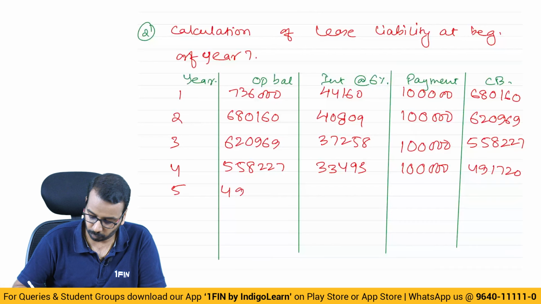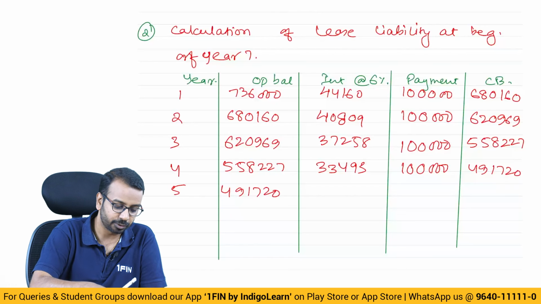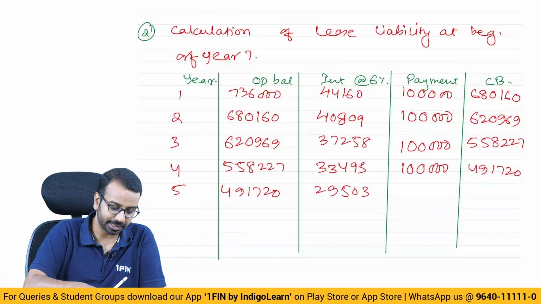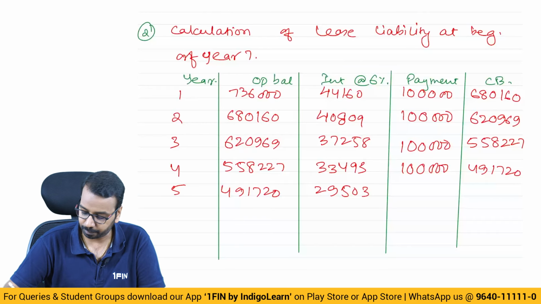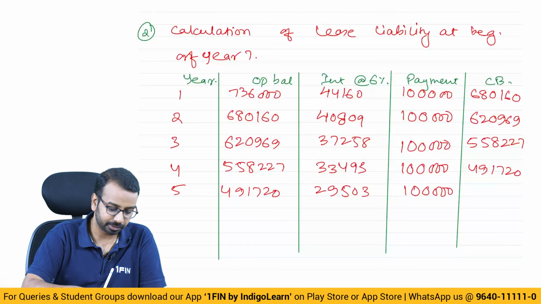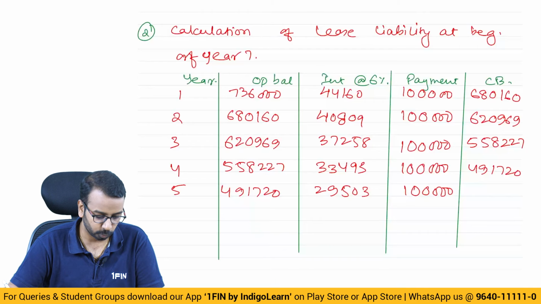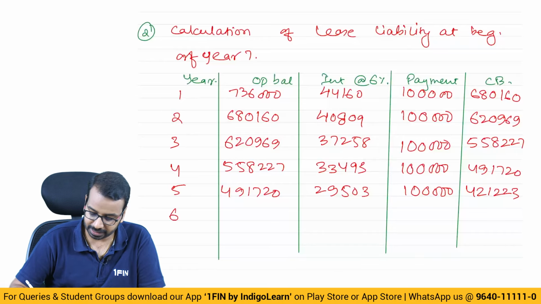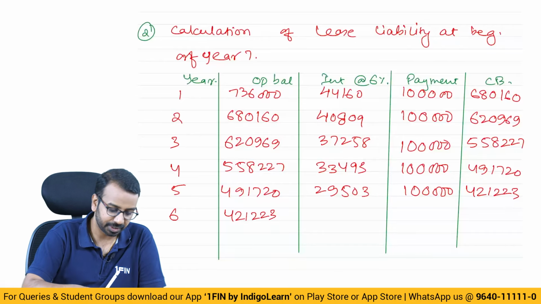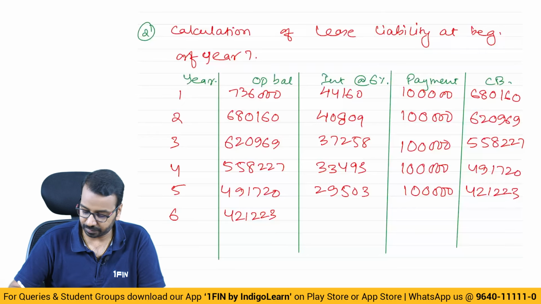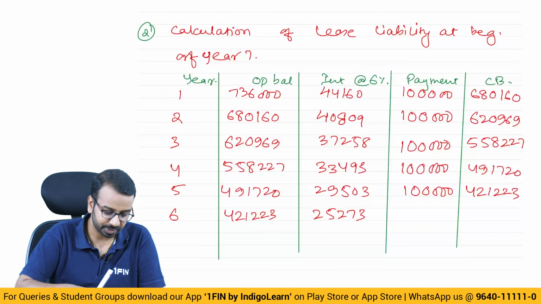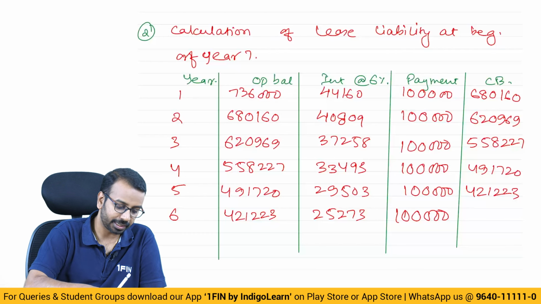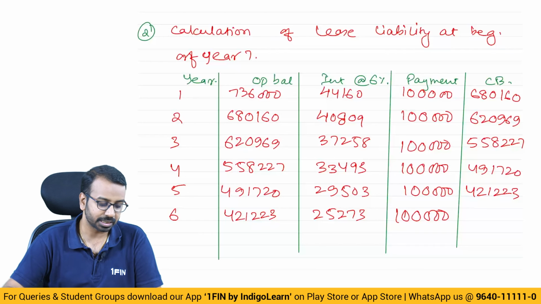In year 5, 491,720 becomes the opening balance into 6%, 29,503, plus, minus 1 lakh, I get 421,223. And for year 6, 421,223 into 6%, 25,273. 25,273 plus, minus 1 lakh, I get 346,496.